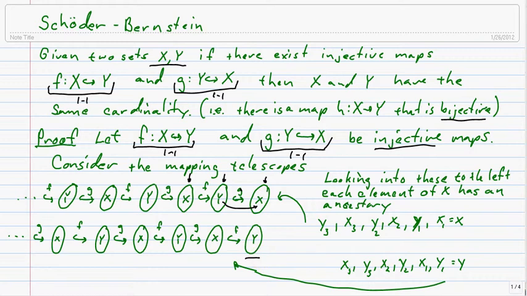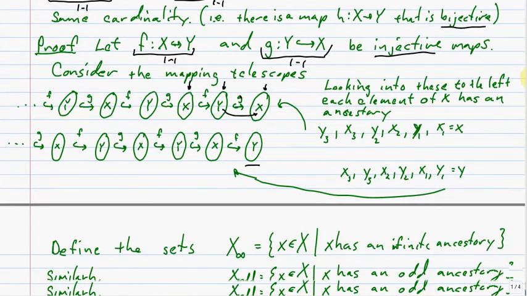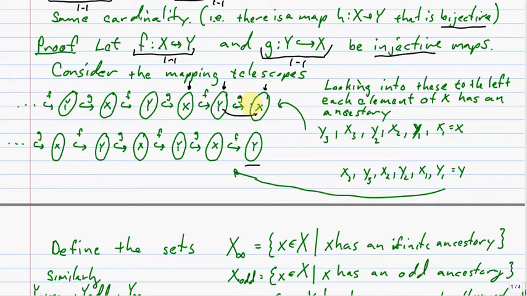And the thing I wanted to consider was how elements are related across these mappings. And so I wanted to think about the ancestry of any of the elements in X, for example. So if I pick an element in X, let's call it little x, I called this x1.